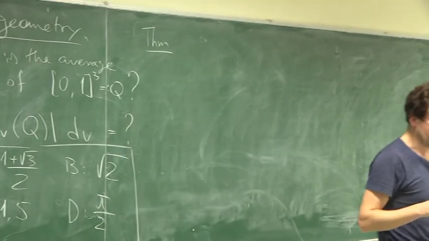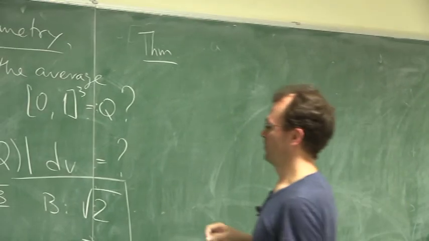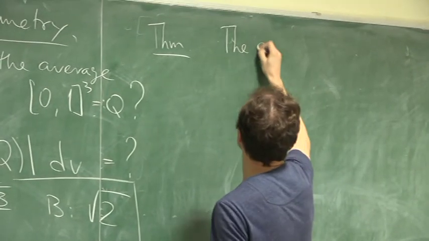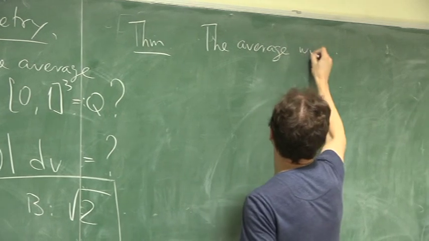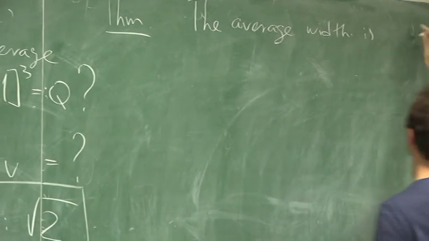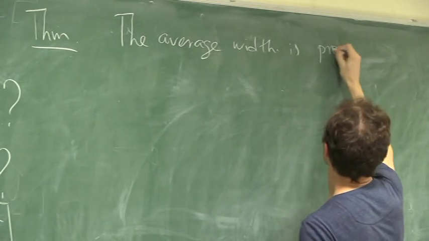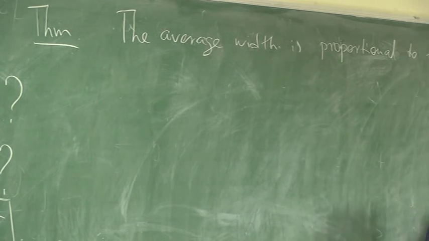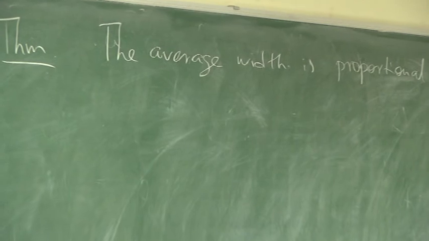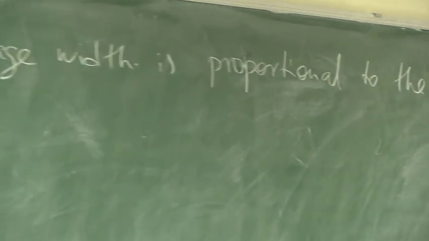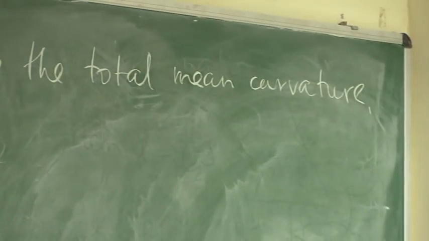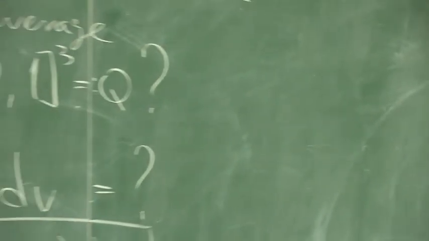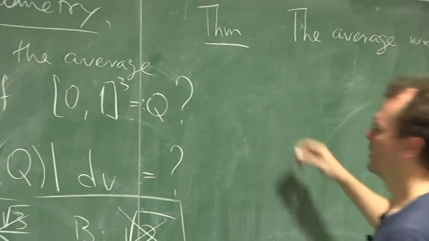In fact, this average width is proportional to the total mean curvature. Well, that probably eliminates this answer and also this answer, although who knows, maybe the proportionality constant is something very weird.